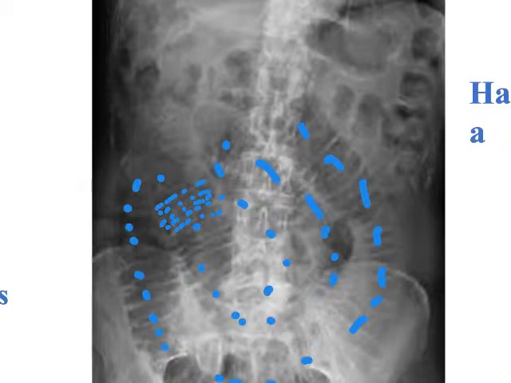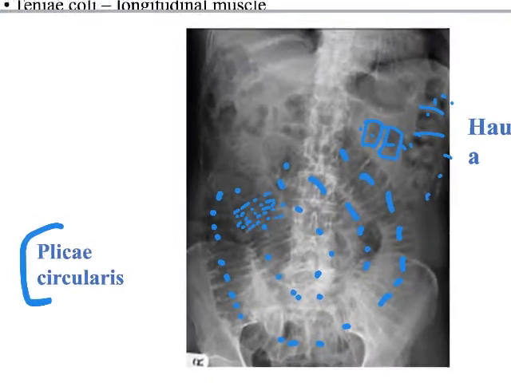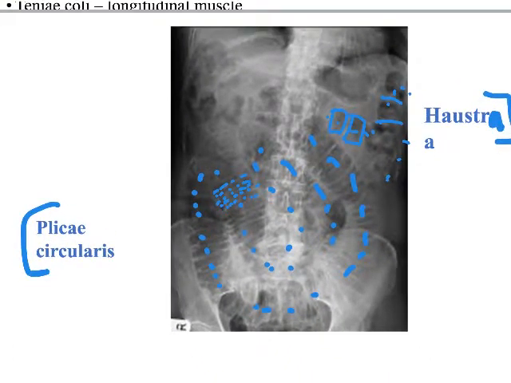Now, by way of contrast, take a look at, let's say, this tube up here. Notice you've got more like rectangles. You see that? Larger sections. That's going to be the haustra of the large intestine. So that's okay. Up here you've got hepatic flexure, you've got transverse colon.